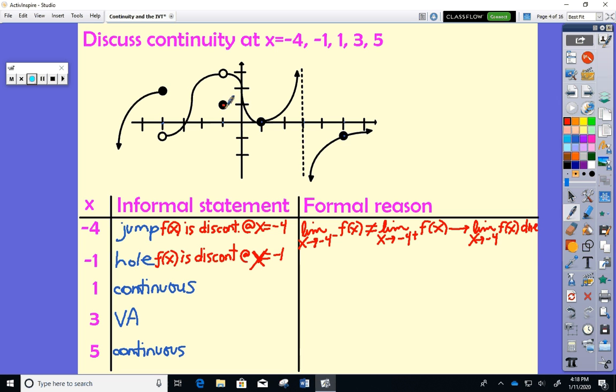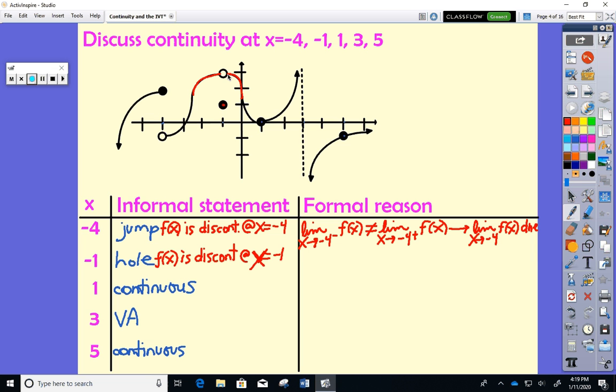Is the issue that the limit as x goes to -1 does not exist? Well, no, because I see that if you trace the left-hand part of the graph and the right-hand part of the graph, as you go toward x equals -1, the left-hand limit and the right-hand limit are both converging to the hole in the graph at -1, 3.